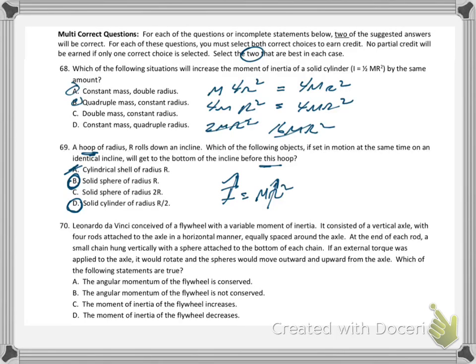Number 70, Leonardo da Vinci conceived of a flywheel with a variable moment of inertia. It consists of a vertical axis with 4 rods attached to the axle in a horizontal manner, equally spaced.